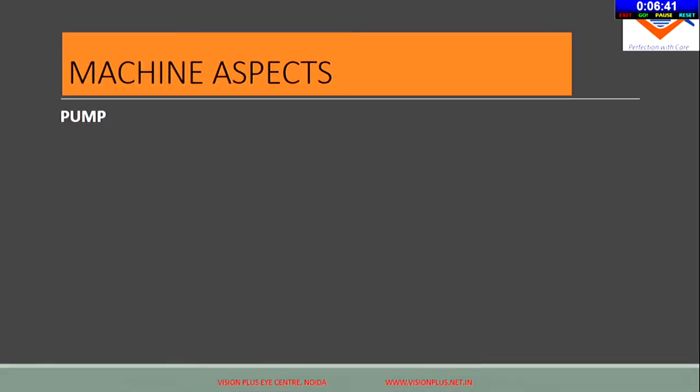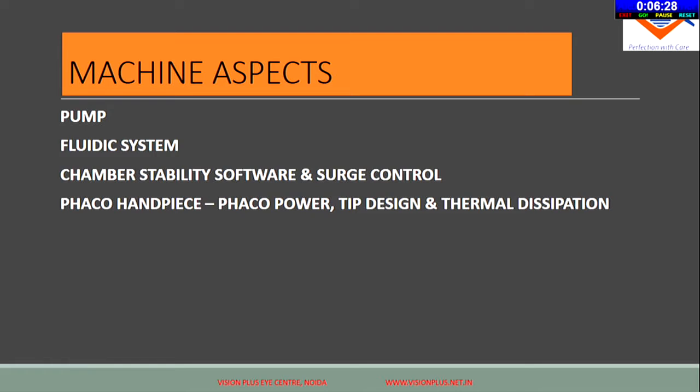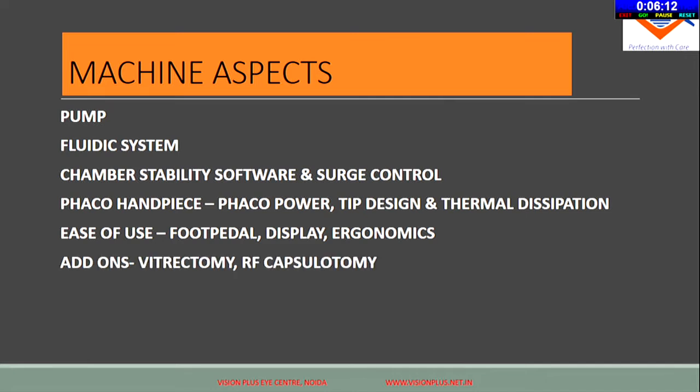First is the kind of pump. You need to look at what type of pump is available in the different machines. The fluidics system, the chamber stability software and surge control, which is going to add safety to your surgery. What are the PHACO handpiece options available, the PHACO power modulations, the designs of the tip, what is the ease of use, whether it comes with a display, whether the foot pedal is wireless, and the ergonomics, how does it fit into your OT system, and the add-ons.